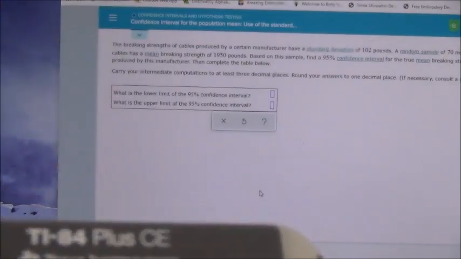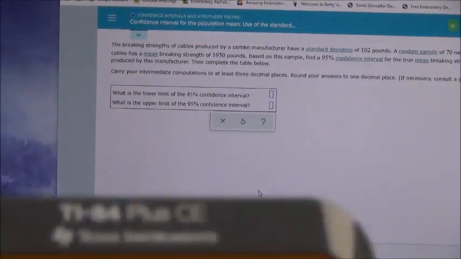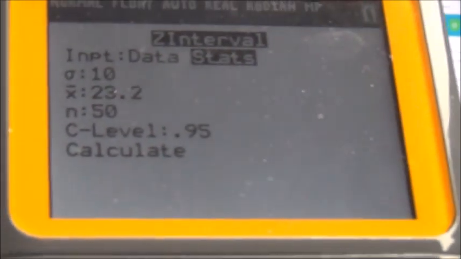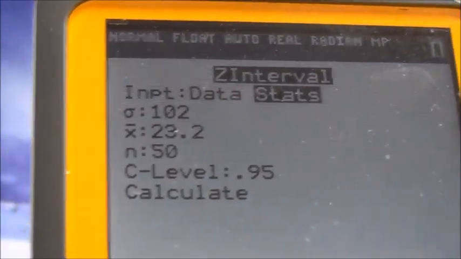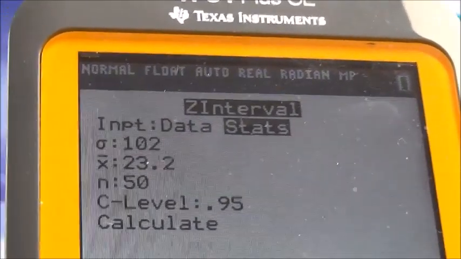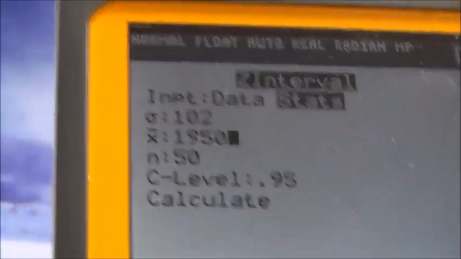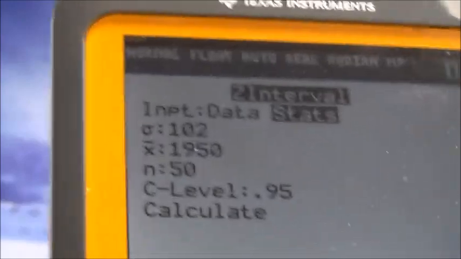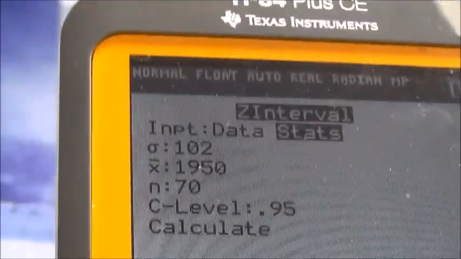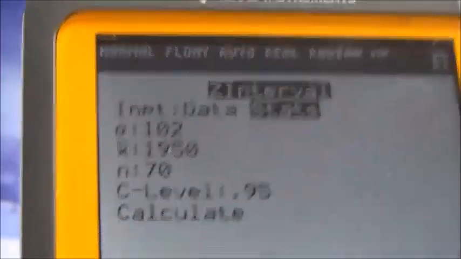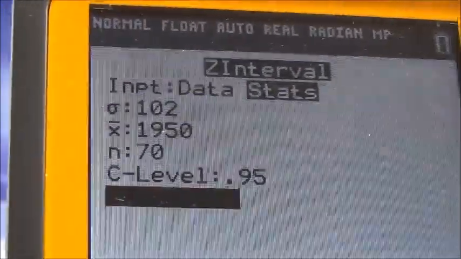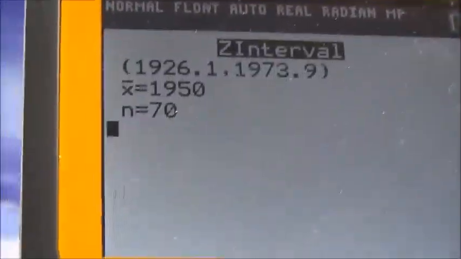You probably can't read that very well because I was on there, but 102. My mean, it says my mean was 1,950. My number in my sample was 70. My confidence interval was 95%. And so I can put that information in. I'm going to hit calculate.